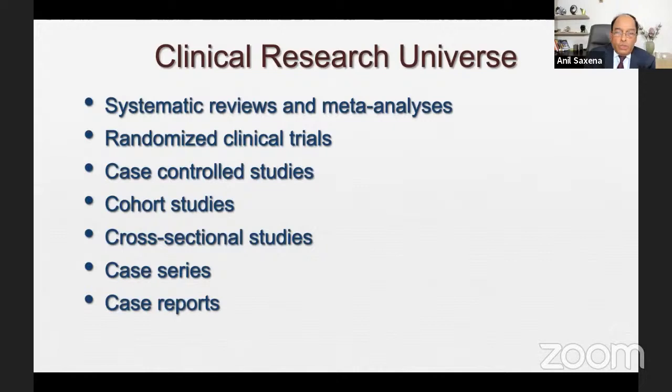Now we come to a randomized clinical trial, as to how it is conducted and what exactly it means. When we look at the clinical research universe, we have a very hierarchical system of evidence. At the top of the heap are randomized clinical trials, and when we combine them, we come to meta-analysis. Some people believe that randomized clinical trials are the best.